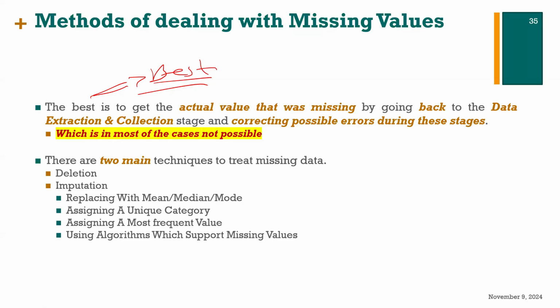So for whatever reasons, it is usually mostly impossible to go back and get the missing value, even though this is the best method of treating missing value in our data. Because, if we remember, we said earlier that a smart feature is better than looking for a smart algorithm.